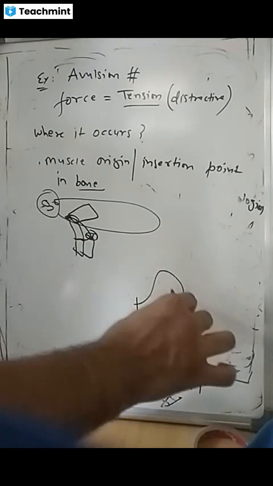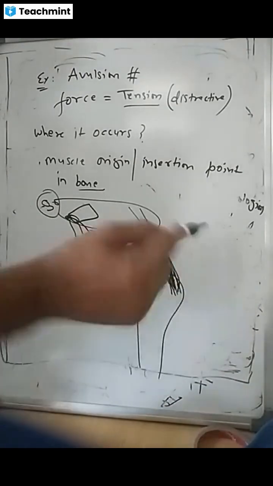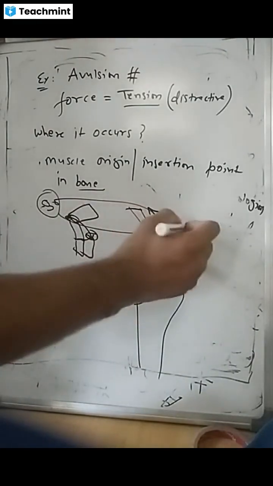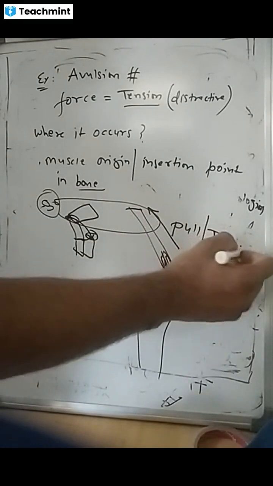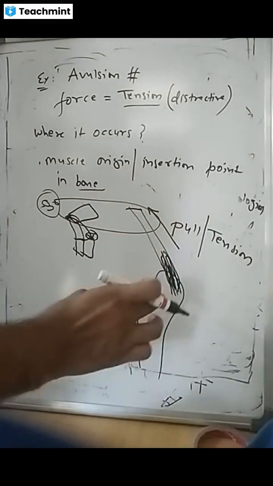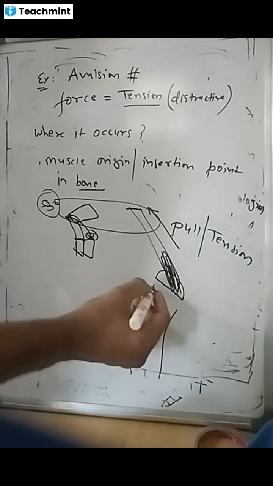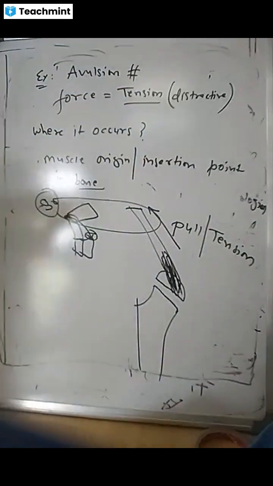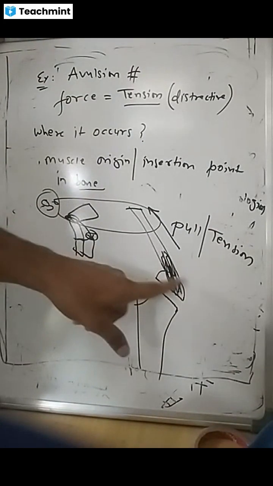The muscle is inserted via a tendon. When this muscle contracts, because of tension it causes a fracture of the bone, where the muscle is inserted.